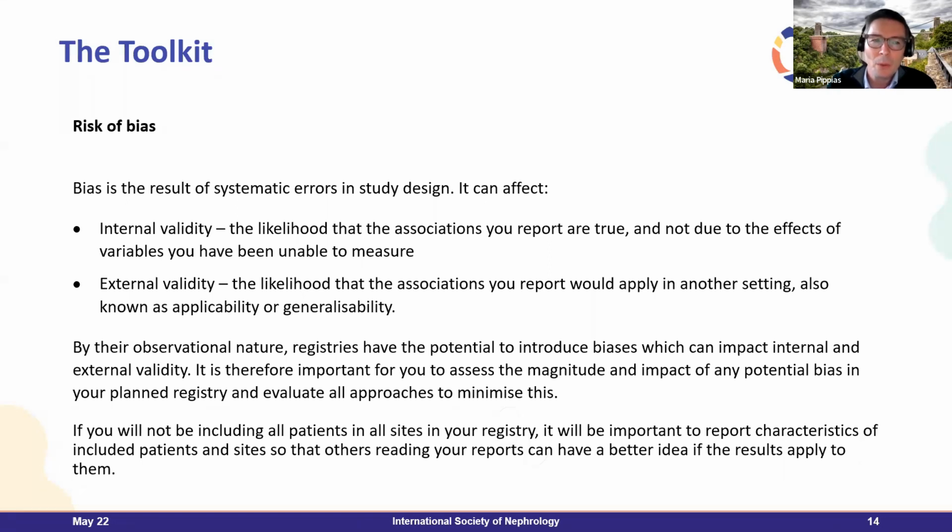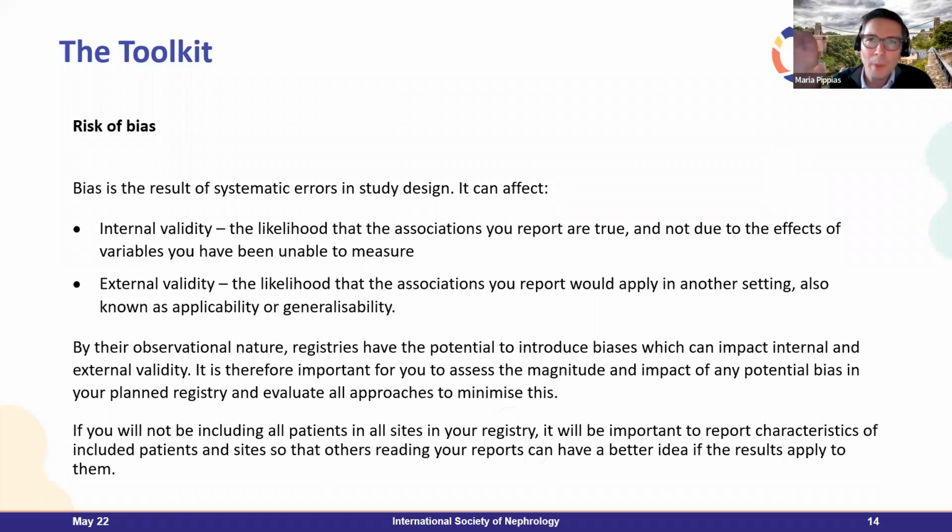If you end up just recruiting people, let's say from a tertiary academic kidney unit, then you will not be able to describe all of the people having kidney failure in your country, and the survival and the outcomes will not be representative of all of the country. And that's the external validity element of bias here.